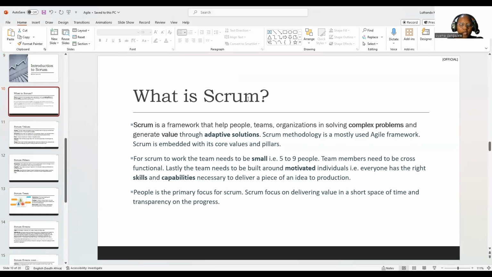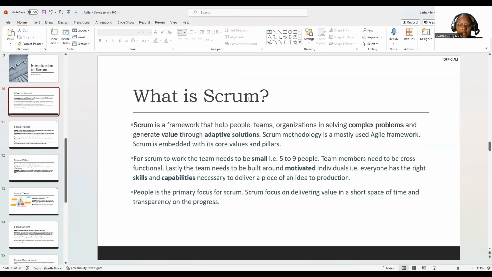So what makes a Scrum team successful is that we have members from 5 team members up to 9. I think most companies normally get this wrong. If we want Scrum to work for us, this is one of the things we really need to get right.